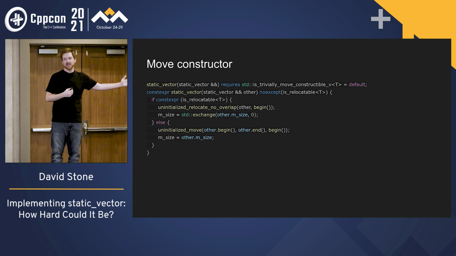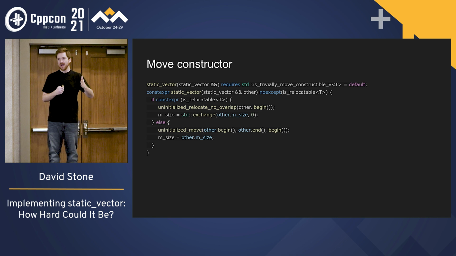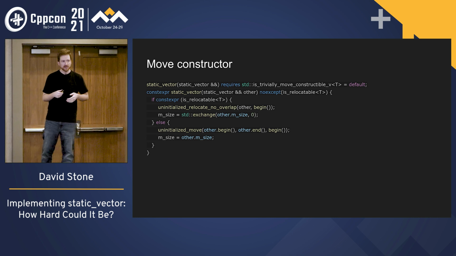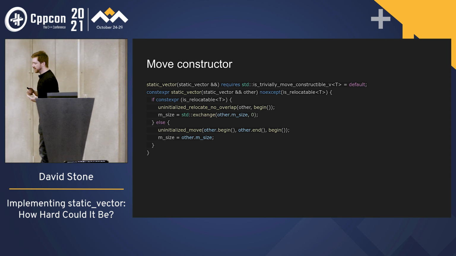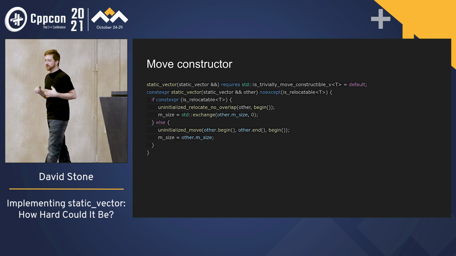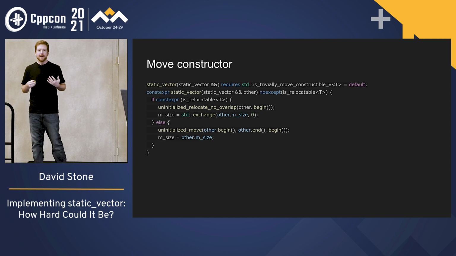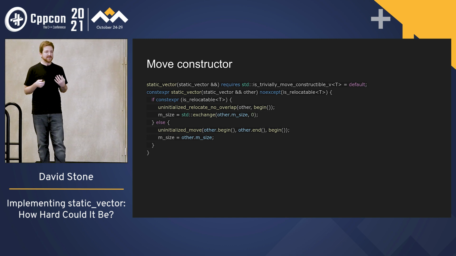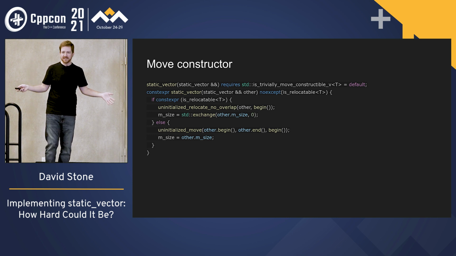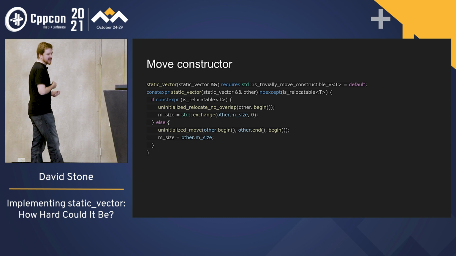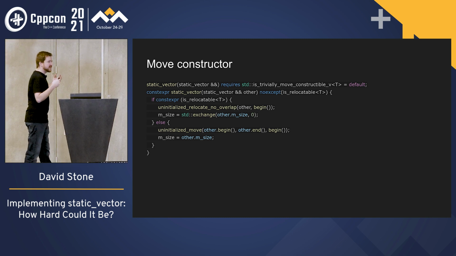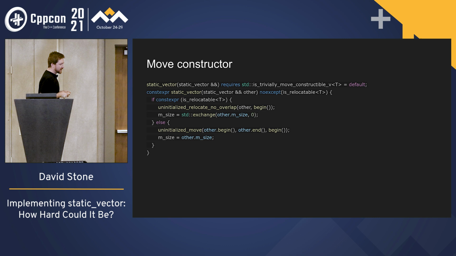So we visit each element in the source once, both in terms of closest together, but also in terms of iteration. And this has very large performance benefits for certain source ranges, and also makes it a lot easier for the optimizer to see exactly what's going on and optimize things away down to nothing. So uninitialized relocate, no overlap, handles that behavior.